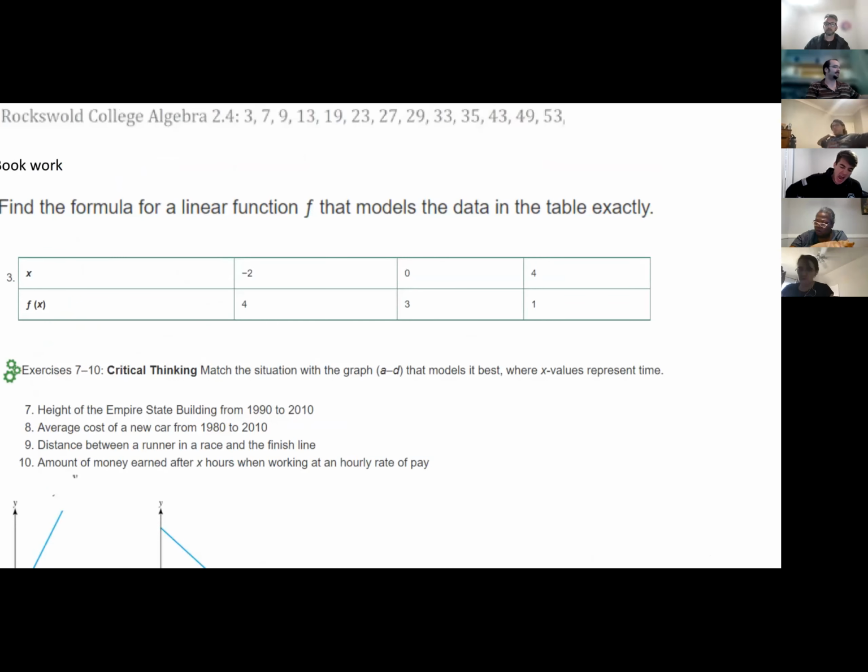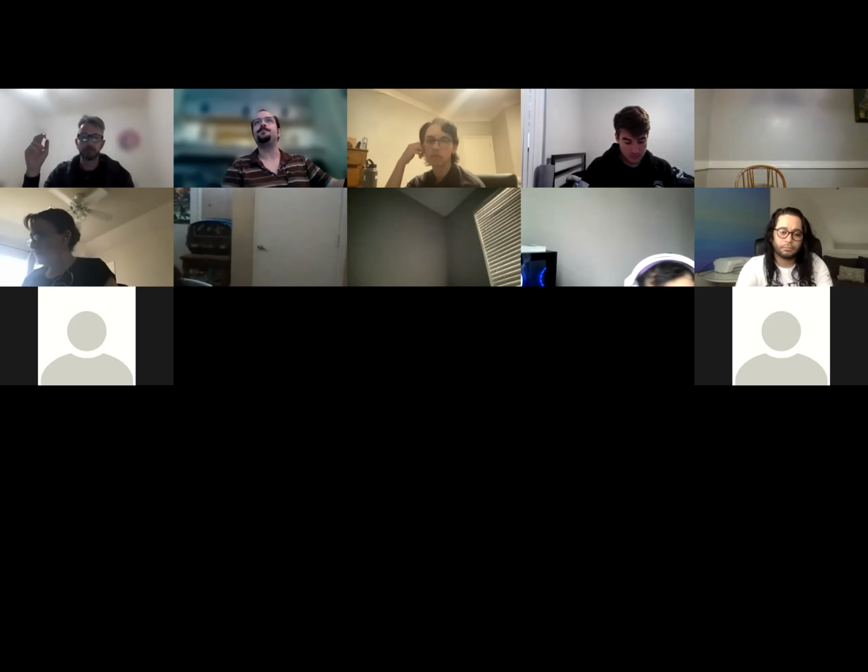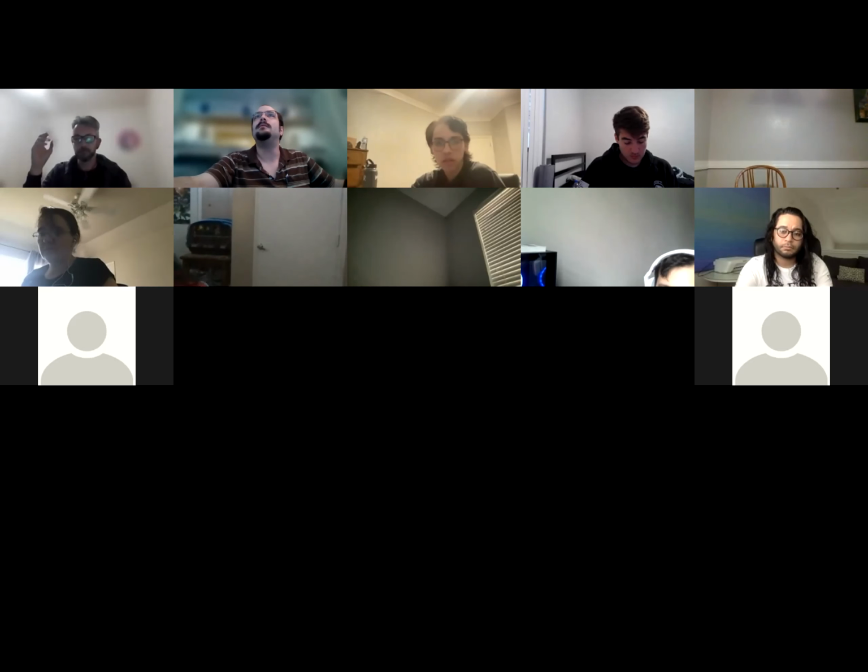Okay, so we have 4 different equations. Number 7 says: the height of the Empire State Building from those dates, the average cost of a new car, the distance between a runner in a race and the finish line, and the amount of money earned after x hours when working at an hourly pay rate. Who's next?